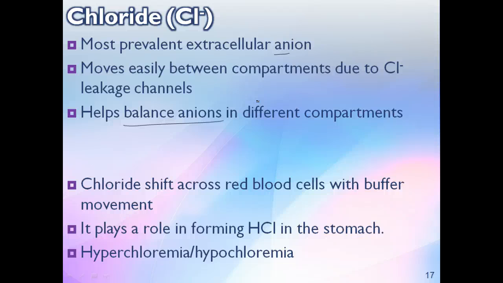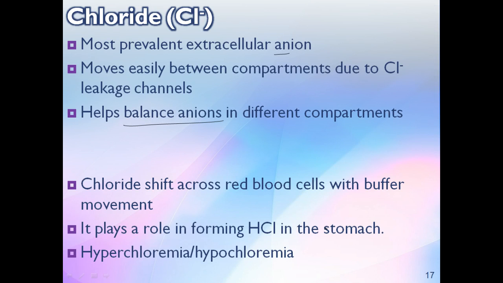As far as chloride's important functions, we saw the importance of it in both the urinary system and in the blood, as an antiporter in the chloride shift when we were moving bicarbonate around. Chloride is also important in the formation of hydrochloric acid in your stomach.